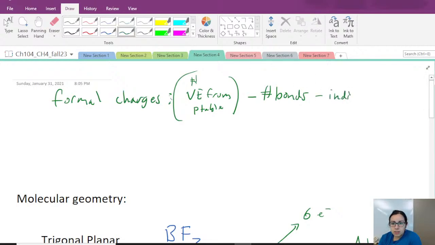You might see different variations of this formula, which is why I have it written like so.